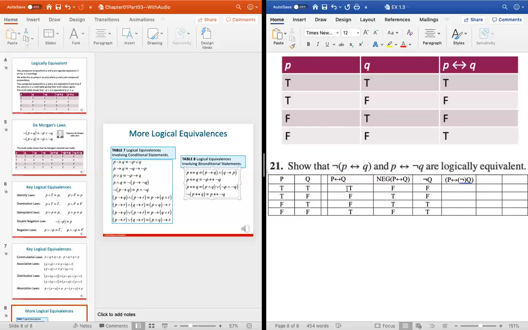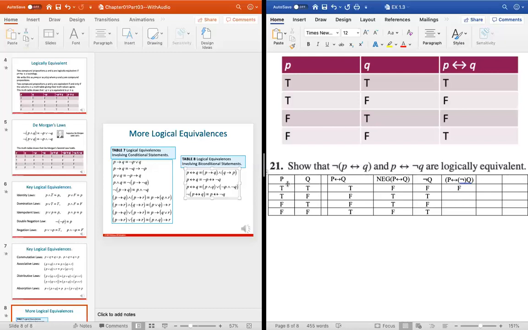Okay, so here we have true, false, false, true as per the table here. Now we take the negation of this, and then negation of Q is going to be false, true, false. Now we have to take P here, then take the biconditional of this one. So true and false is false.